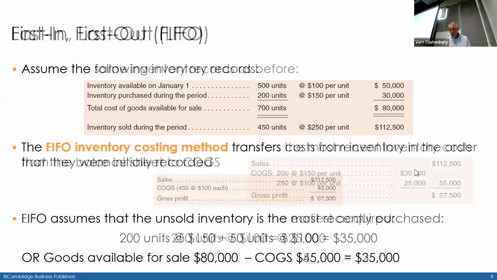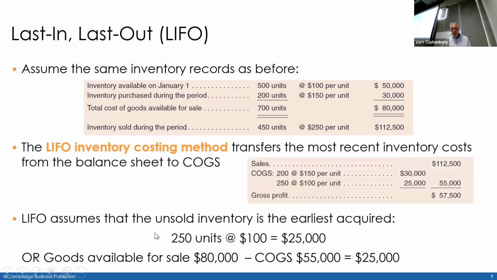Okay, easy enough. Now let's look at the LIFO costing method. And all the numbers are the same here on the slide, except for this line here. So the sales number is identical, 112,500. But now we're using the last in, first out method, and we only have 200 units that were costed at 150 per unit.